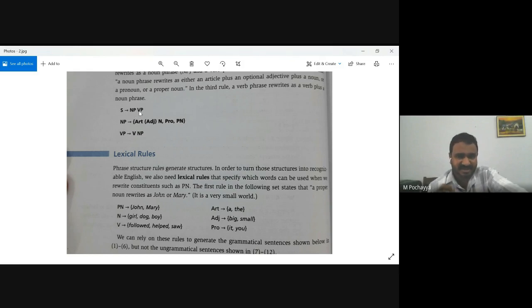Okay, the same example I am trying to explain. Sentence is noun phrase plus verb phrase basically. So what is the noun phrase? John the Baptist. What is the verb phrase? Saw the big dog.